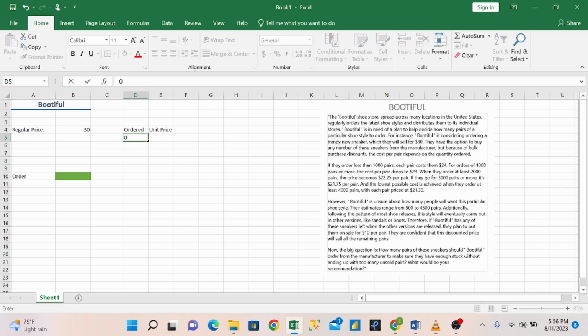So I need to start this table with a zero for less than 1,000, which has a unit price of 24. 1,000, unit price of 23. 2,000, unit price of 22.25. 3,000, unit price of 21.75, and 4,000, unit price of 21.30.